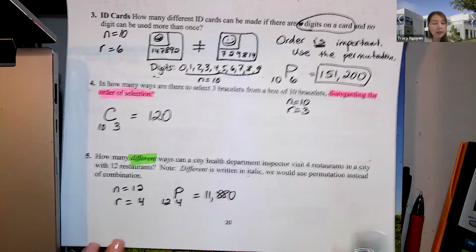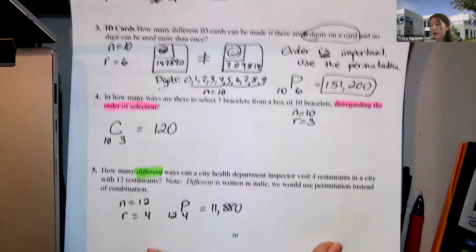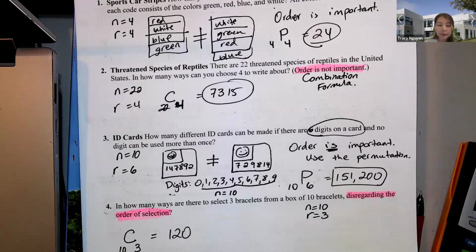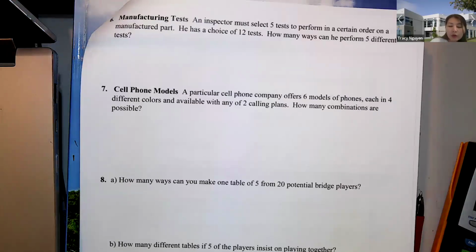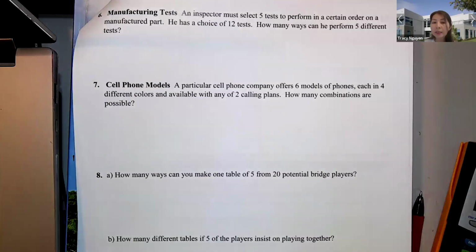All right, so hopefully that gives you a variety of examples on permutation and combination. I do have extra problems on the back, which I can go over with you here. Manufacturing test. An inspector must select 5 tests to perform in a certain order.